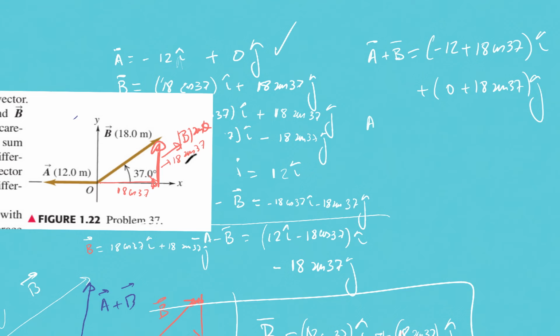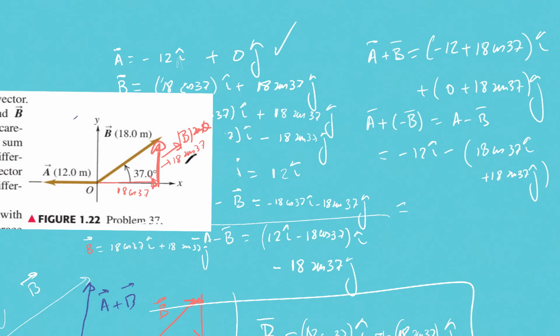Let's say that I want to find A plus minus V, which is equivalent to A minus V. So I will write A, minus 12i, minus V. V is 18 cosine 37 i plus 18 sine 37 j. And now A minus V: I put the i with the i, and the j with the j.